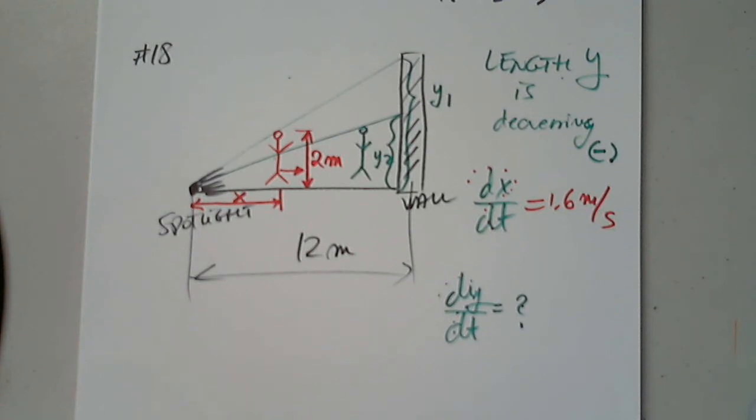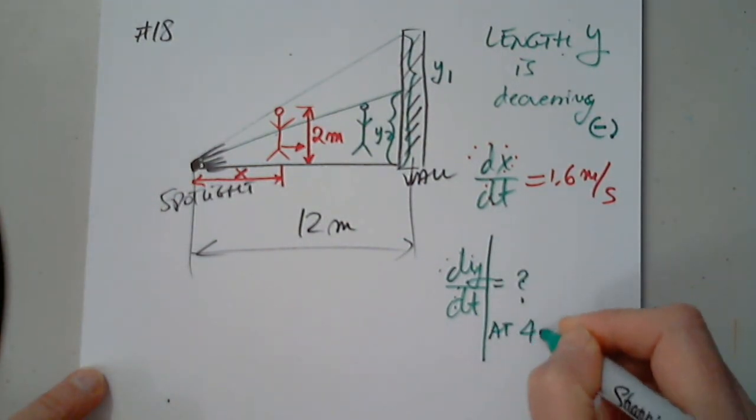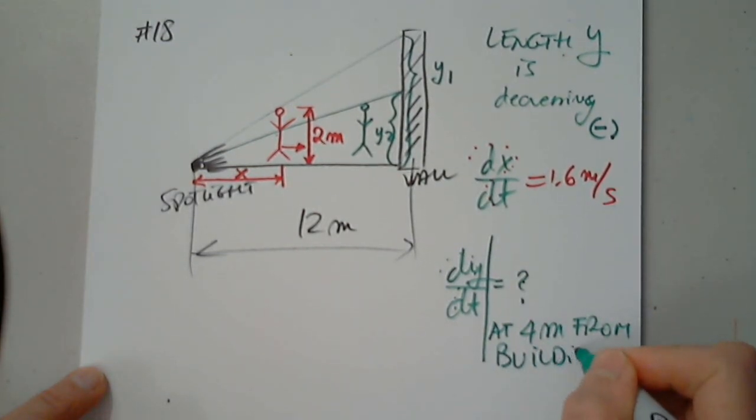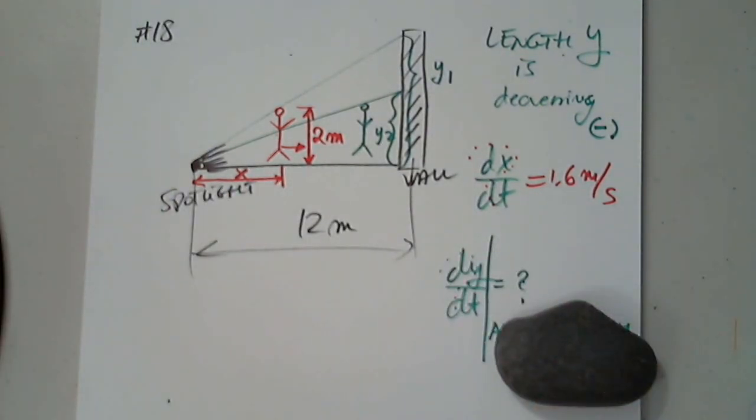Anything else that follows here is a trap. When he is 4 meters from the building. So I expect dy over dt to be a negative value. And they're asking us to evaluate it when he is 4 meters from the building. That's exactly what I'm going to write. At 4 meters from building. So this is a trap, don't even bother with it. It's not important.